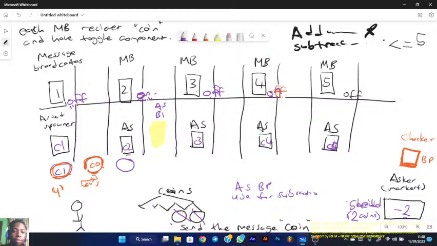This one will be turned off and this one will be turned on.